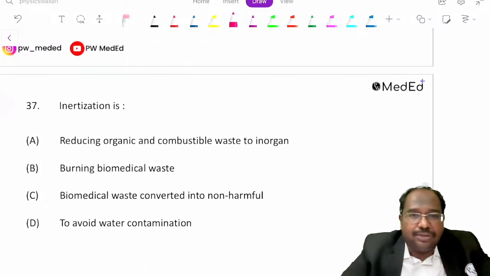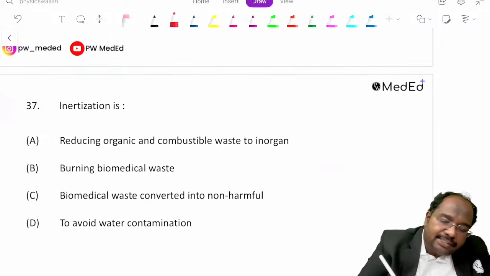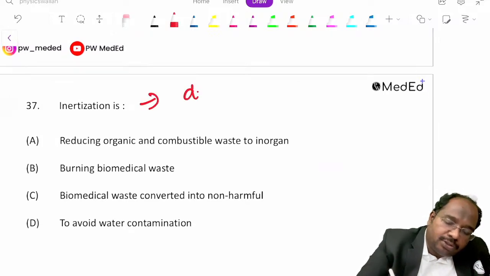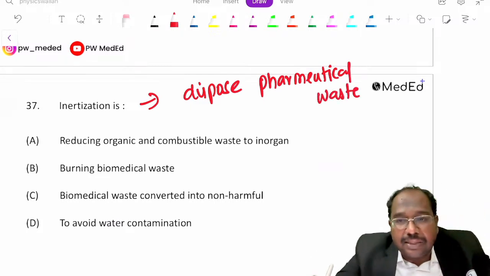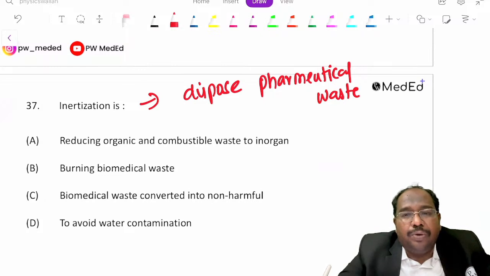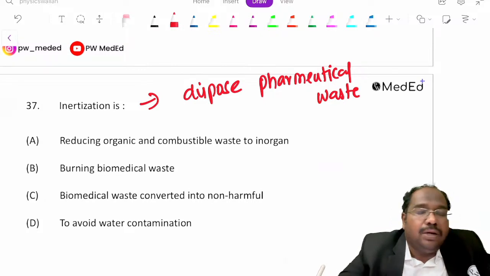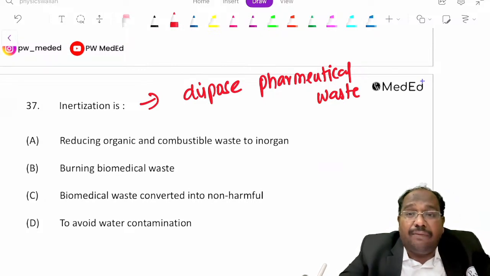What is inertization? Inertization is used to dispose pharmaceutical waste. Suppose you have drugs available and there is no alternative, so you have to do deep burial of the drugs.